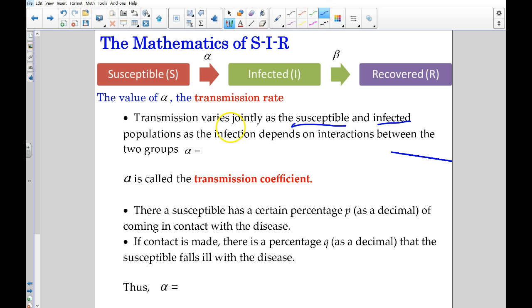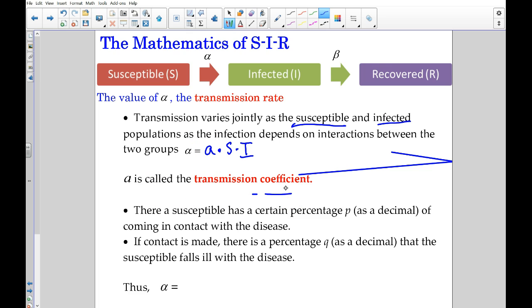If it varies jointly, I'm going to write this as A times S times I. Varying jointly means it's a product of the two values specified with a constant of proportionality, which I'm going to call A, and that A is called the transmission coefficient.